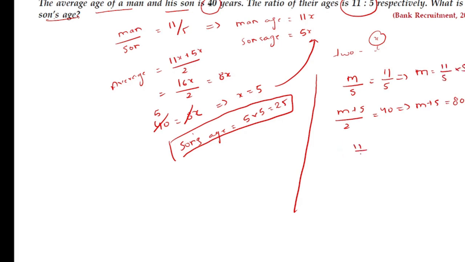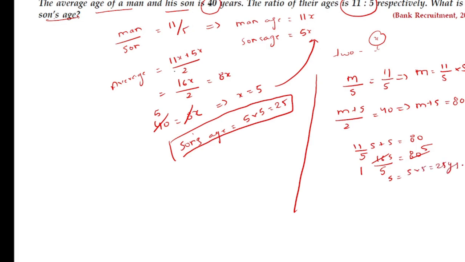So 11 by 5 s plus s is equal to 80. This is 16s by 5 is equal to 80. S is equal to 80 into 5 by 16. S is equal to 5 into 5, that is 25 years.